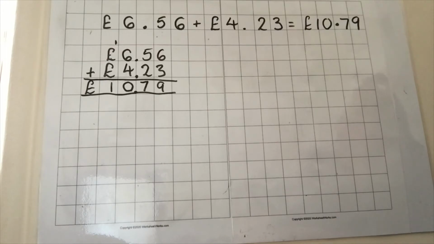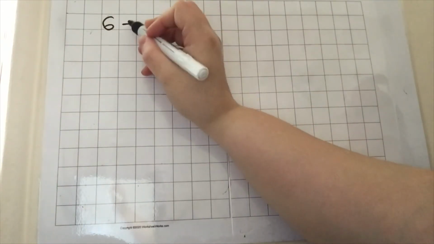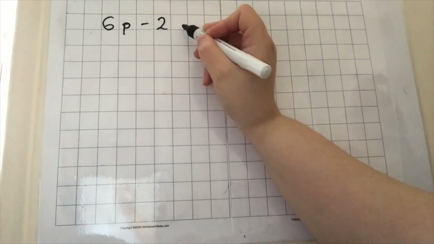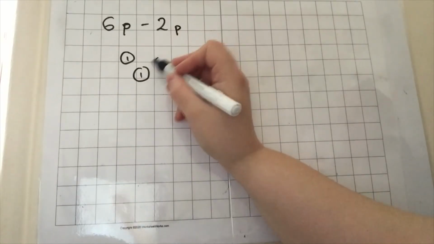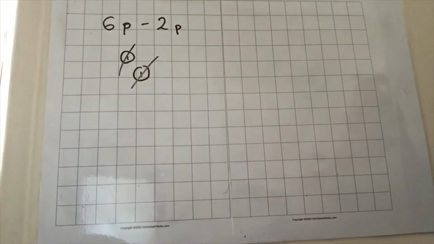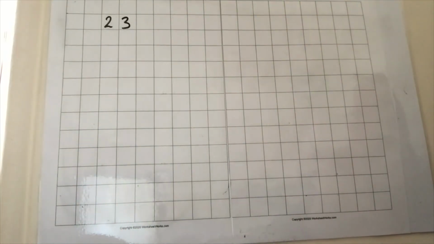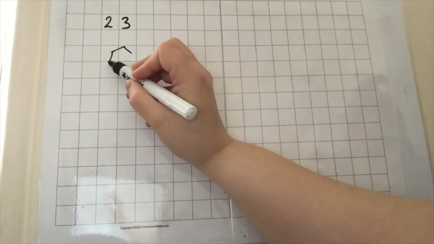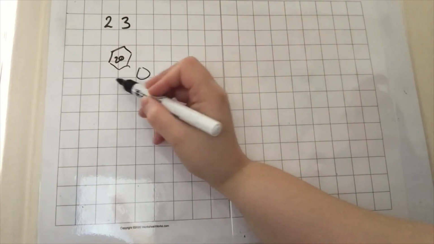Okay, let's try some takeaways. Now with the smaller takeaways, for example, 6p take away 2p, you can draw the coins and then cross them out. But when you get to the bigger numbers, like 23, well, you might draw the 20 pence coin, and then 3 little ones, or the 2 and the 1.